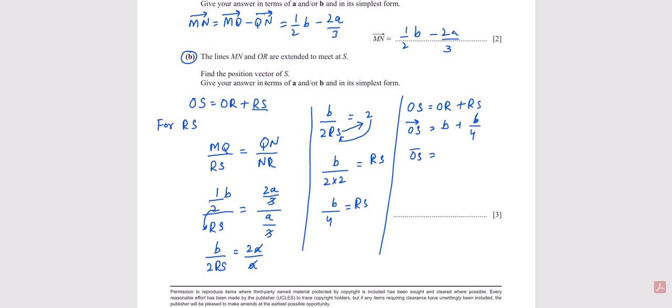Solving these values, 4 multiplied by B, 4B plus B over 4. So OS is equal to 5 over 4 B. This is our final answer.